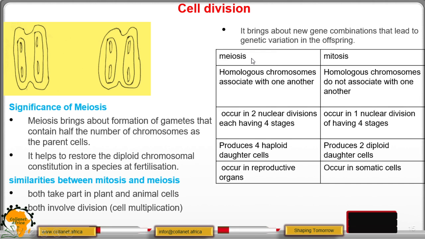Then we want to compare now the differences between mitosis and meiosis. So in meiosis, we have the homologous chromosomes associating with one another. But in mitosis, homologous chromosomes do not associate with one another.